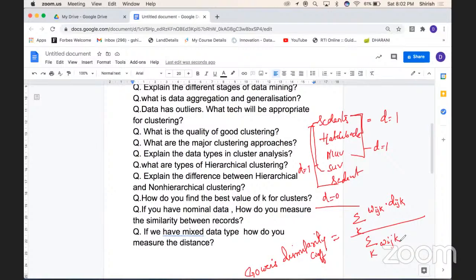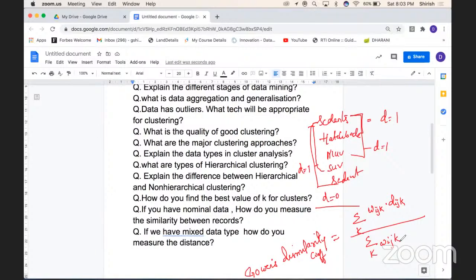Wij will be equal to 1 or 0, depending on whether the comparison is valid for the kth variable or not. So k equal to 1 means column 1, k equal to 2 means column 2, right? That is k for us.